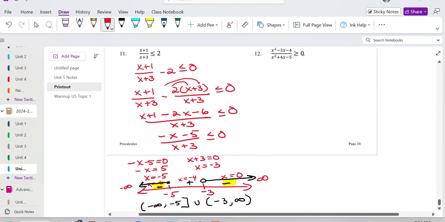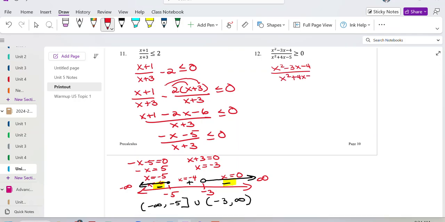So here it's already greater than or equal to 0. So what we want to do is set this equal to 0. Now we have to factor to solve the numerator and denominator. So it's x minus 4, x plus 1, and x plus 5, x minus 1.